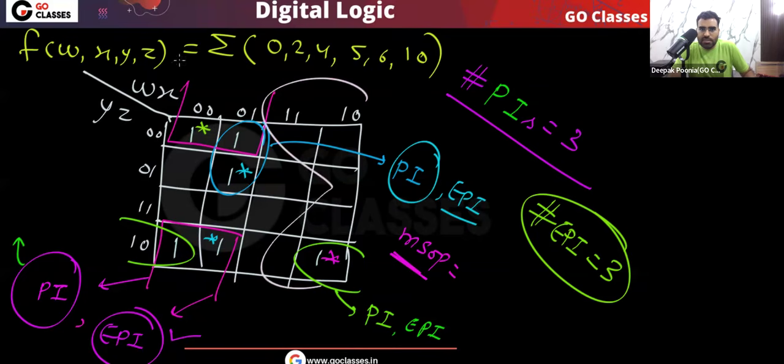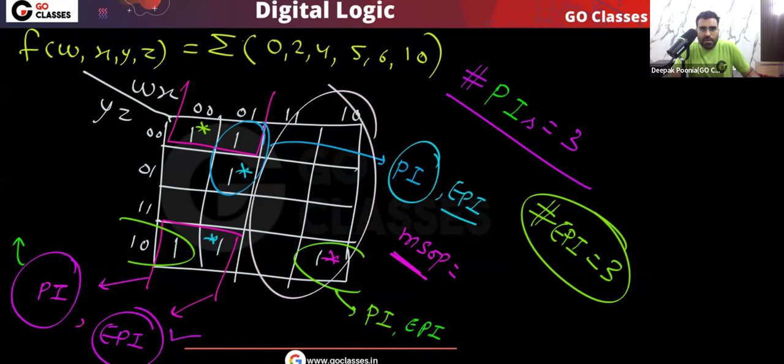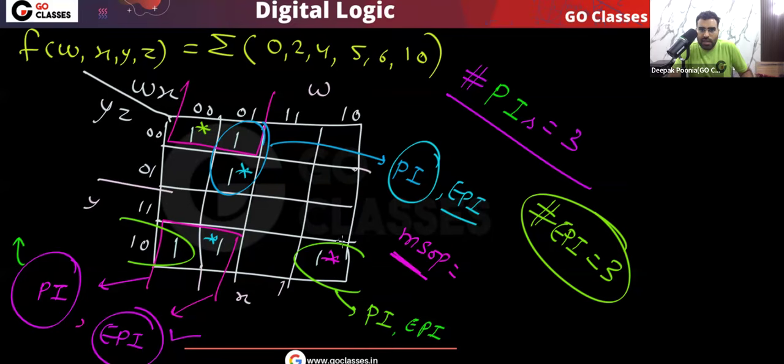You can see these last two columns. This is the area of W, this is the area of X, this is the area of Y, and this is the area of Z. Now you can easily see for this pink PI, what will be the product term? This is in the area of W bar, this is in the area of Z bar. You can see in the area of W bar, also Z bar.